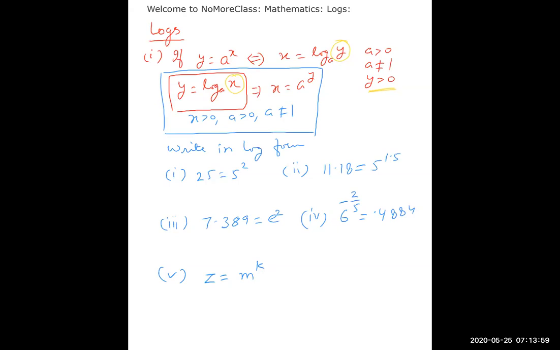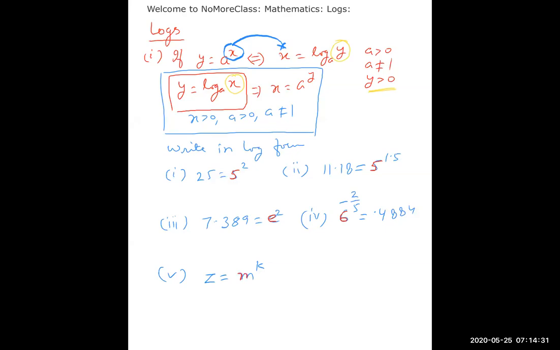Remember, on that day I told you it is an inverse function, so input becomes output and output becomes input. Here this x is the input, so this x becomes output here, and base remains base. So here base is 5. Base, every time I'm writing with red now, you can understand. Here base is 5. Here base is e. Here base is 6. Here base is m.